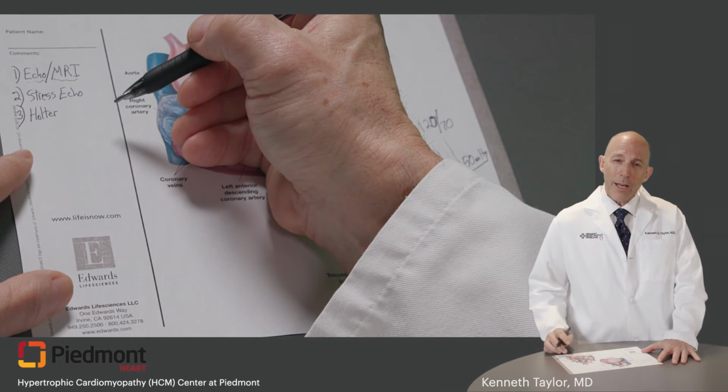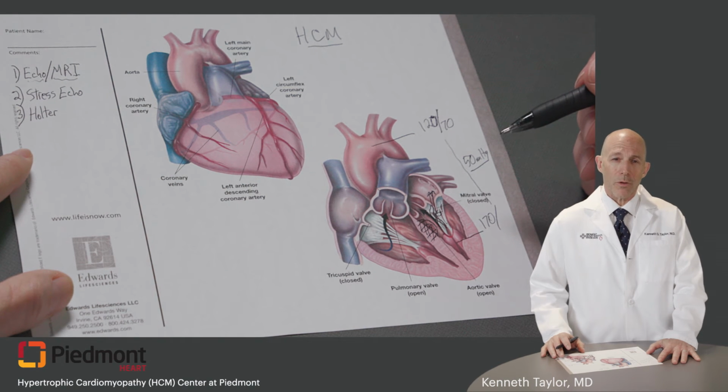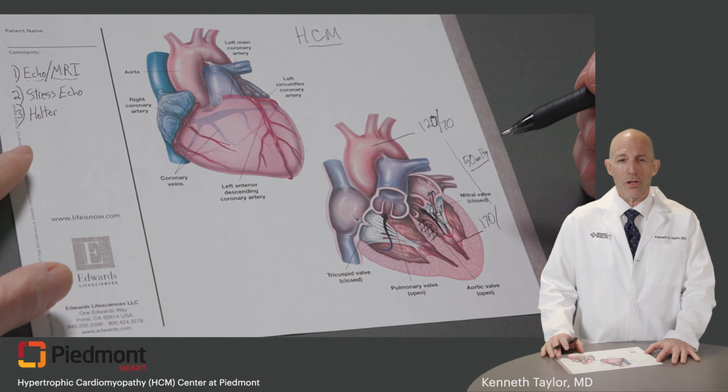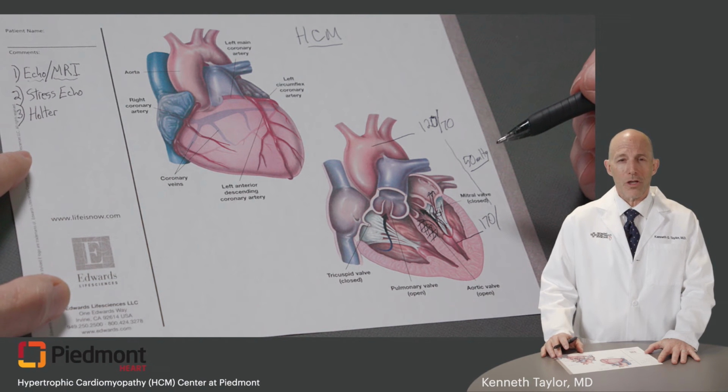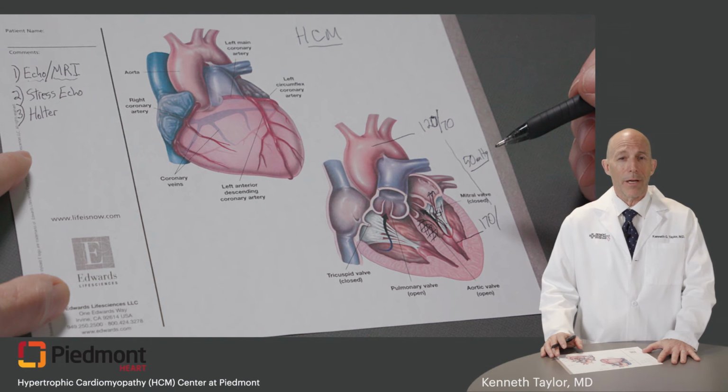And the other is that we have a group of colleagues called electrophysiologists who specialize in the electrical system of the heart. And we will typically make sure that our electrophysiologist goes through all of the information and has a discussion with you about your particular risks for having an arrhythmia and your risks for having sudden cardiac death.